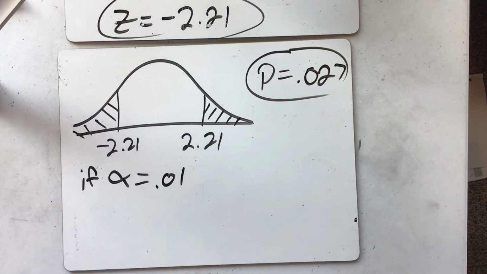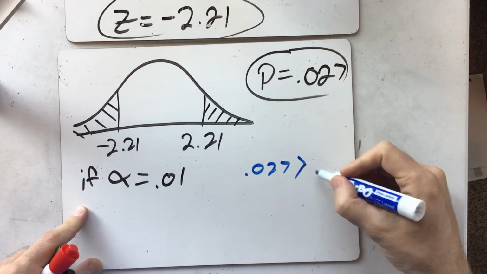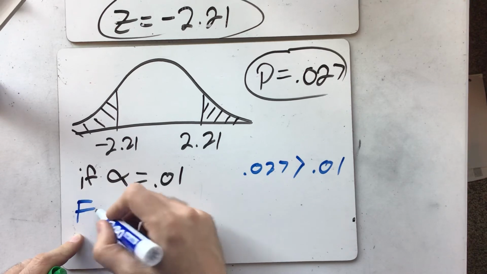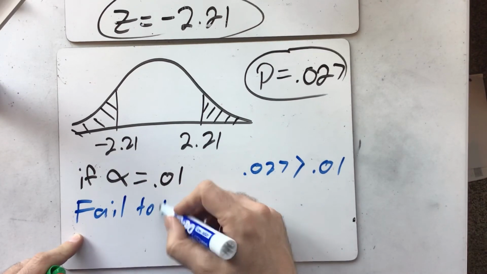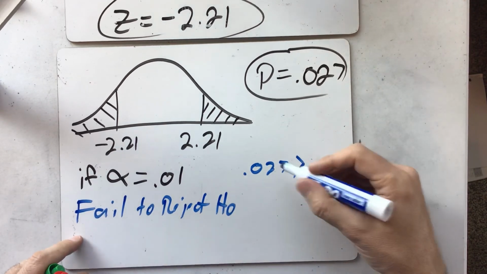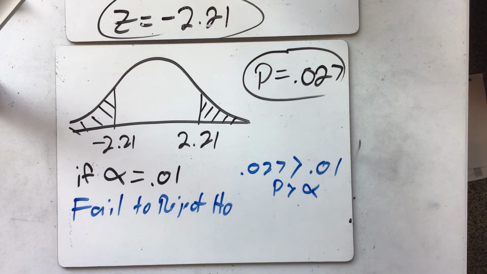Well, now my 0.027 is actually bigger than 0.01. So now I fail to reject H naught, because this time P is bigger than my alpha value.